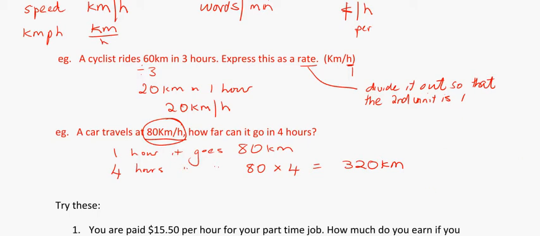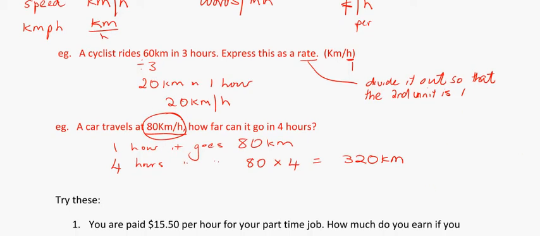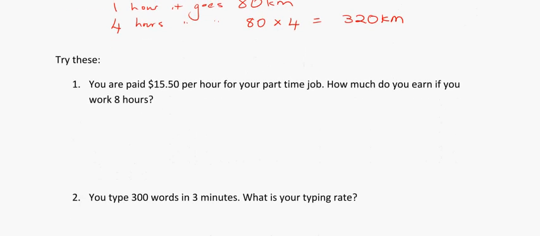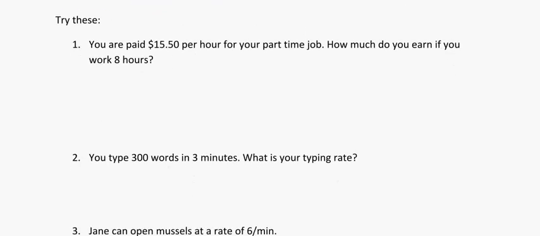So let's look at some questions. You are paid $15.50 per hour. That's my rate of pay for your part-time job. How much do you earn if you work 8 hours? So I know that in 1 hour I get paid $15.50.